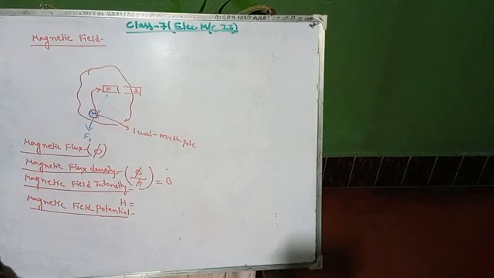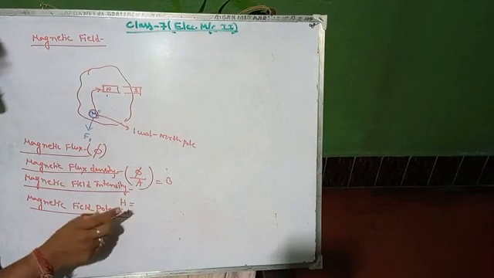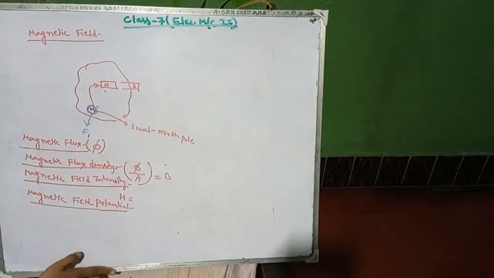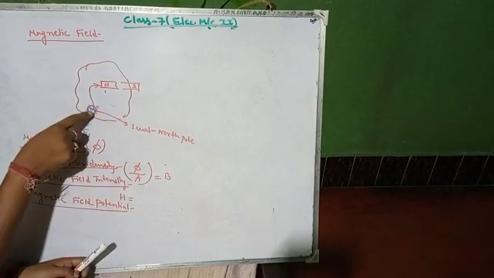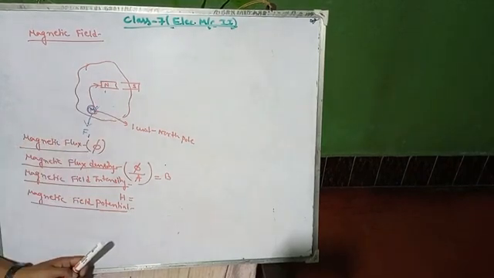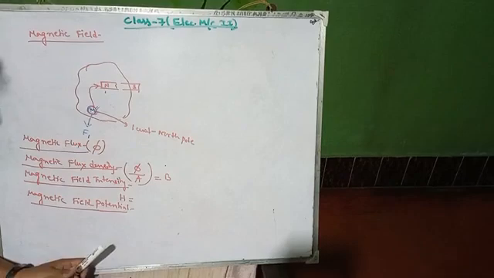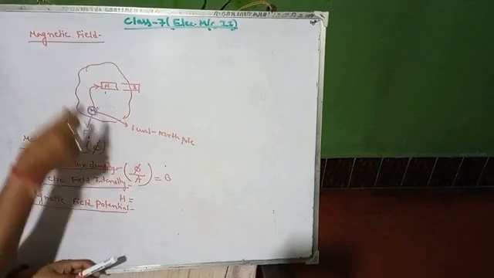The amount of work done needed to bring a unit north pole from infinity to a particular point inside the magnetic field is called the magnetic field potential at that point.